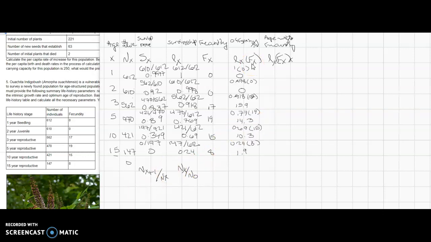Alright, and then our age-weighted fecundity will be Lx times Fx times x, and we want that in years this time. So Lx 1, Fx 0, x 1, Lx 0.998 times 0 times 2, and carry that on down.